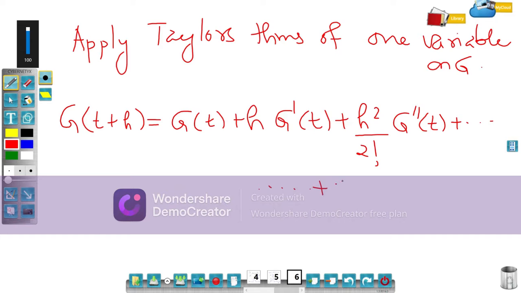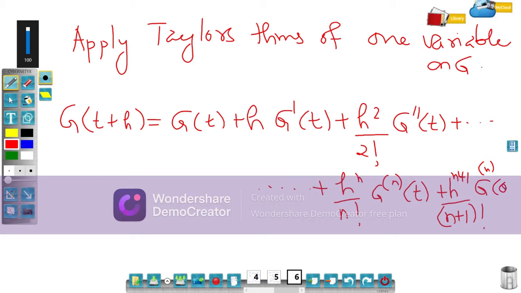So I'll have h raised to n upon n factorial g nth derivative of t, plus h raised to n plus 1 upon n plus 1 factorial g nth derivative at (t plus h theta), where theta is between 0 and 1.